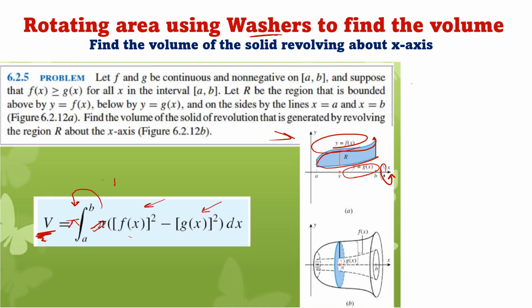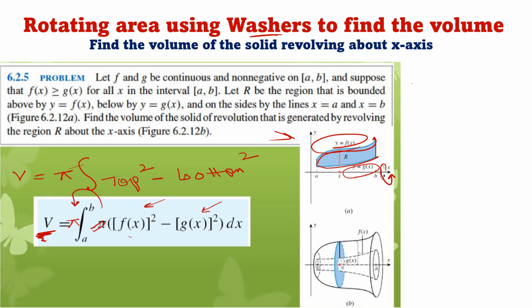But make sure that the first function is top minus bottom. Do not make the whole square over here. Make the bottom curve with the square here and the top with the square here. Top square minus bottom square. Put the pi over here and here is the volume.